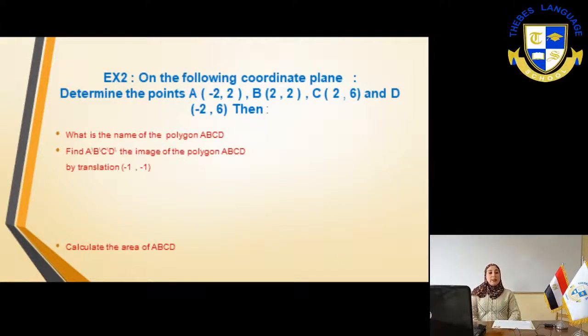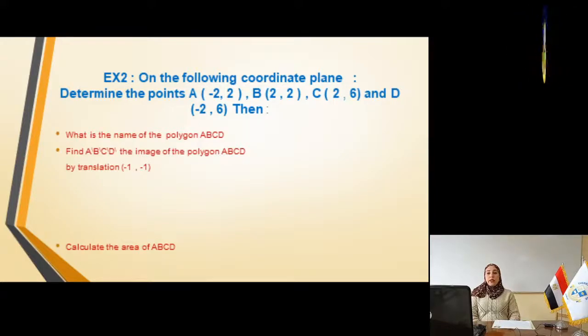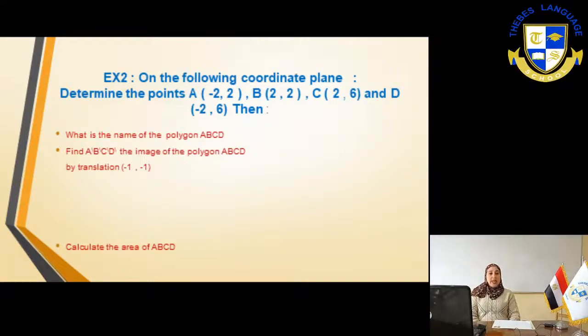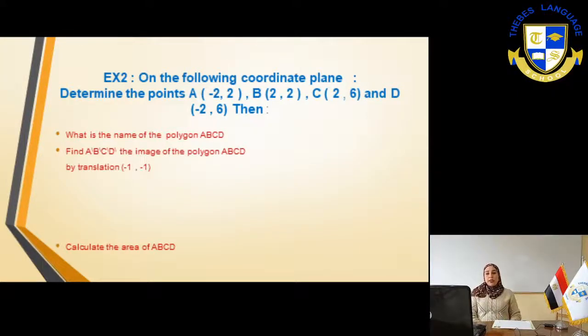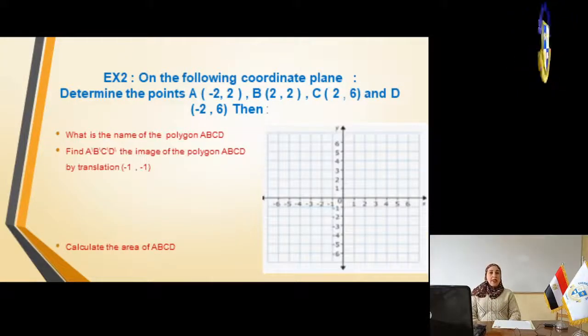Here, exercise number 2. On the following coordinate plane, determine the point A, which is -2 and 2, B, which is 2 and 2, C, which is 2 and 6, and D, which is -2 and 6. Let's at the beginning determine point A, -2 and 2.